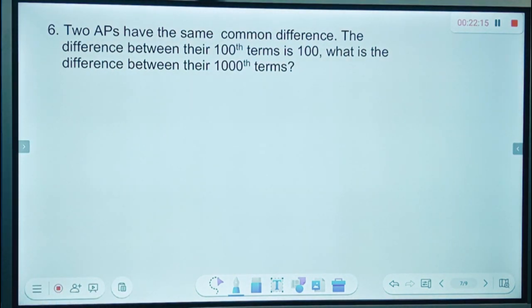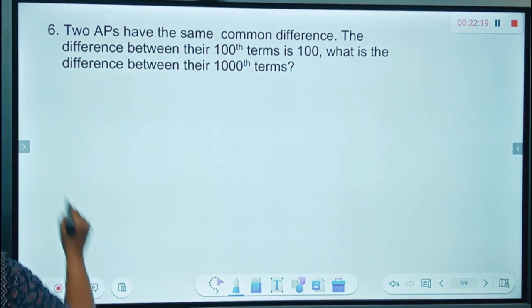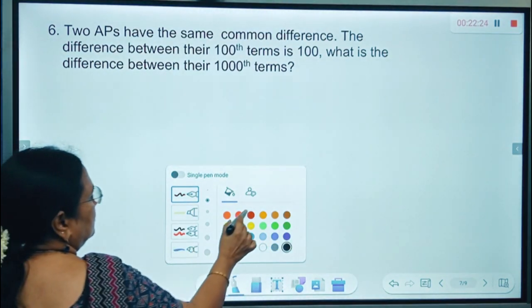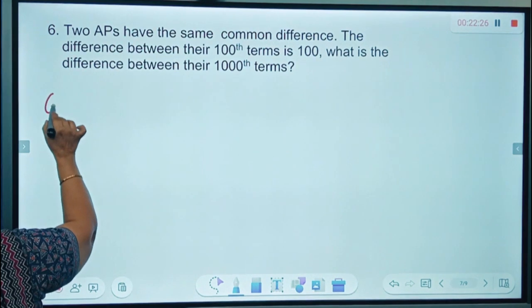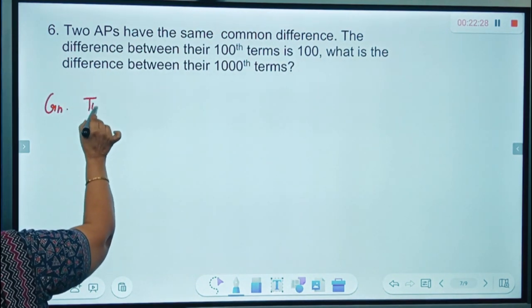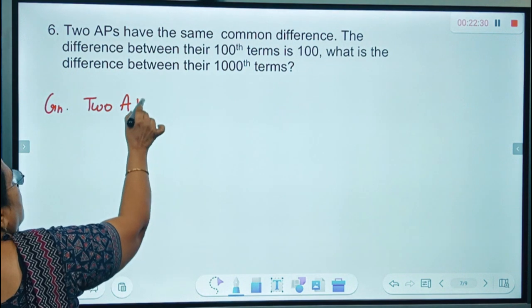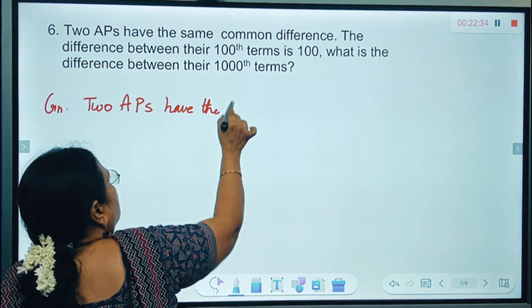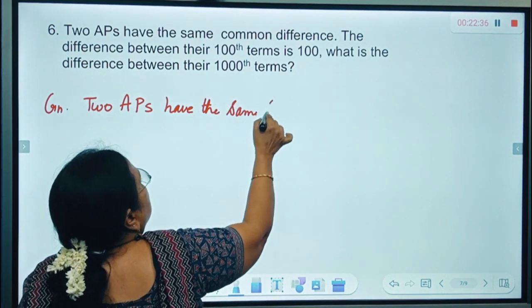Now, two APs have the same common difference. So what is given: two APs have the same common difference.